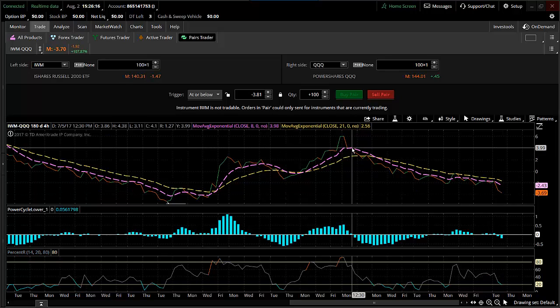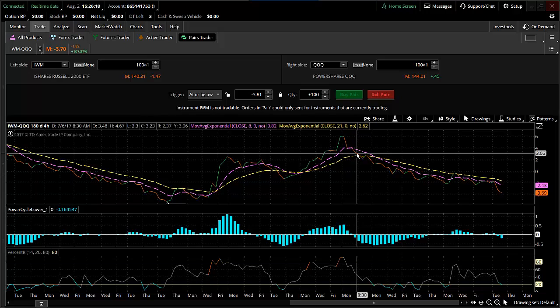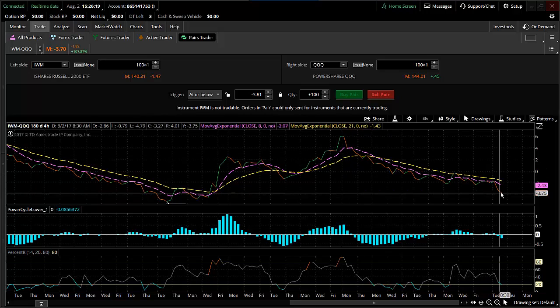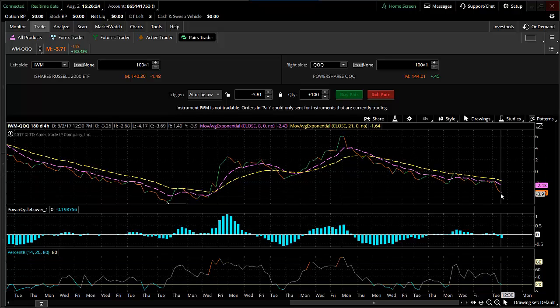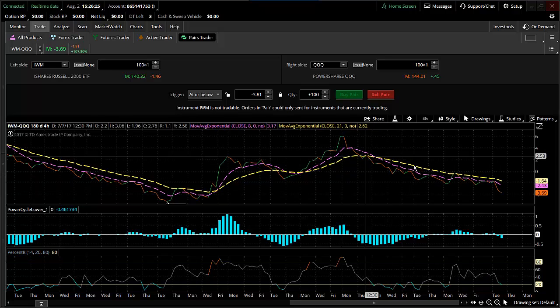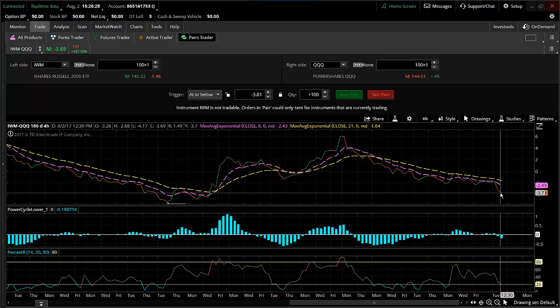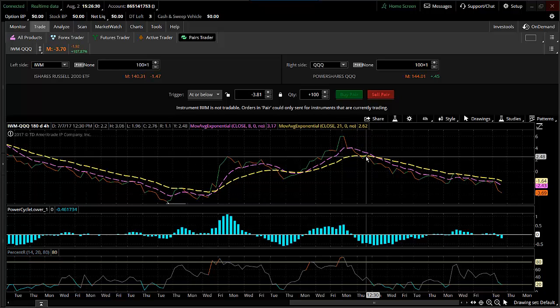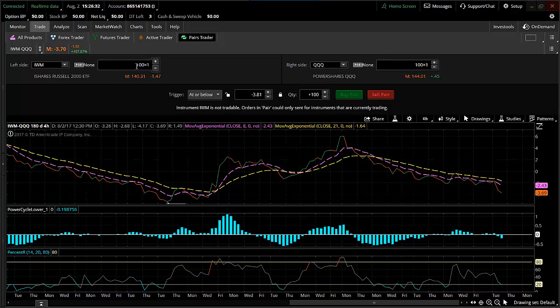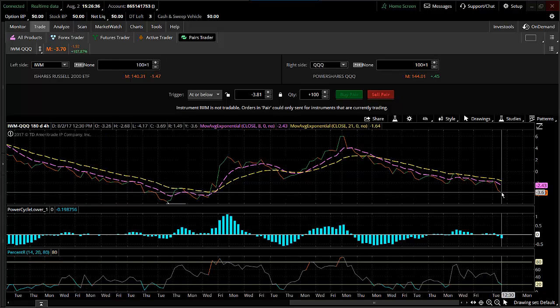So that's a gain of basically $3 above, plus now it's $3.70 below. That would be a $670 per 100 share spread profit. So if you did 100 shares of this, selling short 100 Russell, buying 100 QQQ, you'd be up around $600 to $670 per 100 shares.